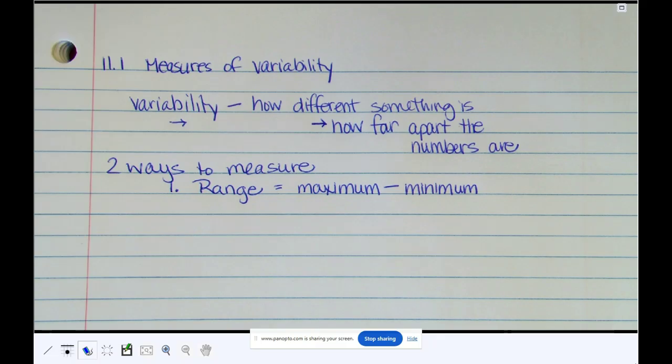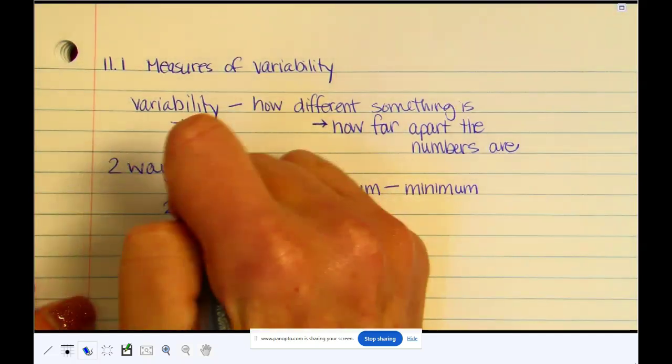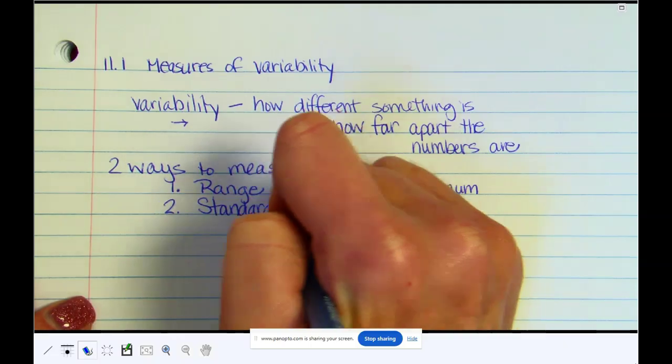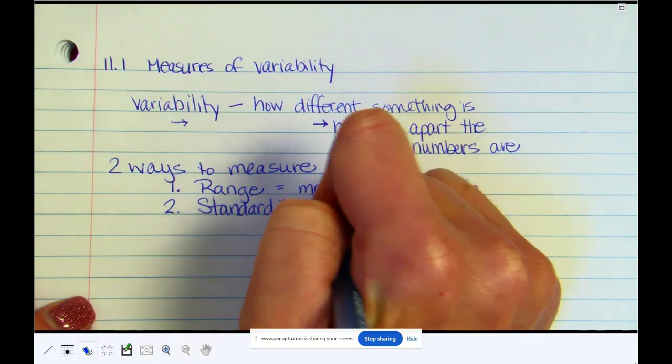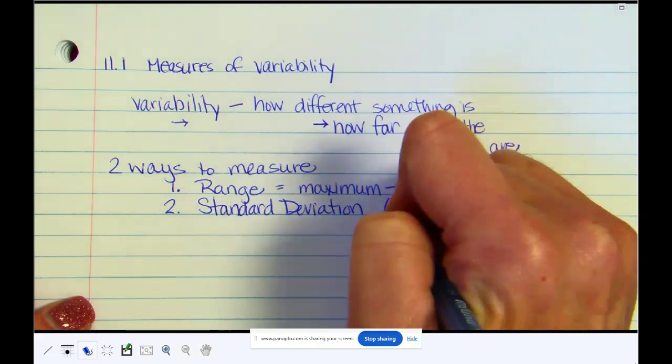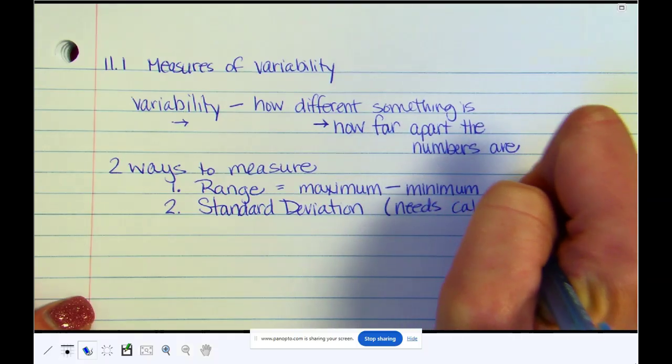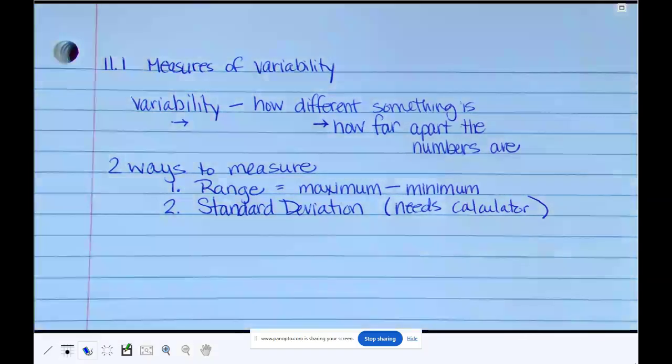There is a second way of measuring variability that requires your calculator, and it's something called standard deviation. There's a big giant formula for standard deviation.